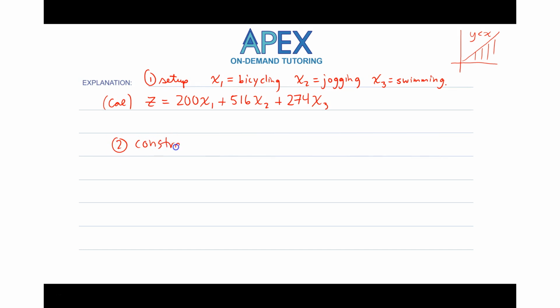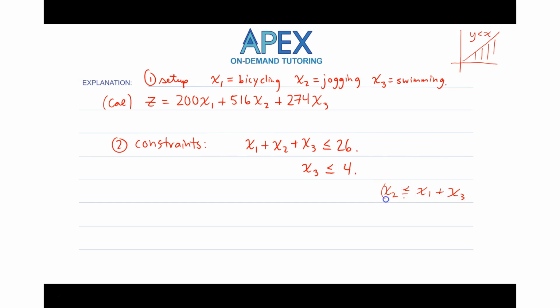Our constraints are going to be the following. First of all, our total number of hours exercising per month is not to exceed 26, so that's x1 plus x2 plus x3 less than or equal to 26. Secondly, we don't want to swim any more than 4 hours, so x3 is less than or equal to 4. Finally, we want to make sure that the total number of hours jogging is less than or equal to the hours bicycling plus swimming.